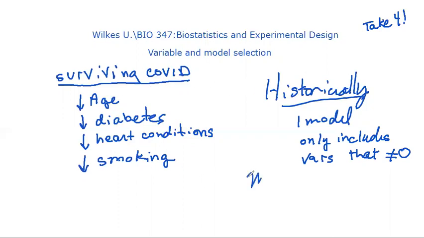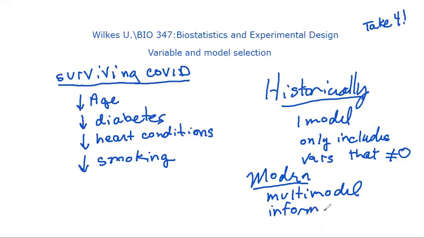A more modern approach, okay, is model selection. So variable selection, you get one model. So a modern approach is a multi-model, and it also uses information. How much information? So historically, variables would compete.